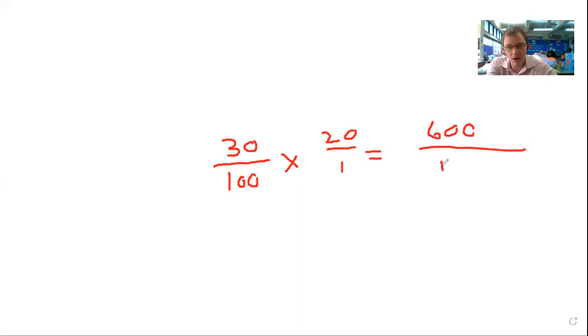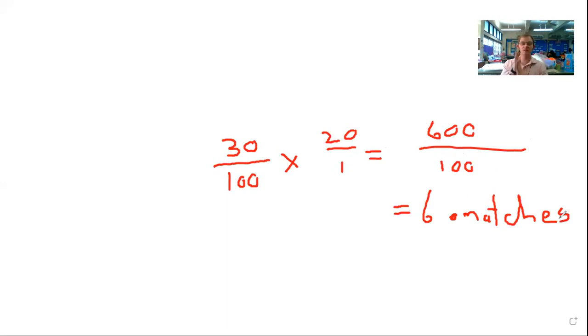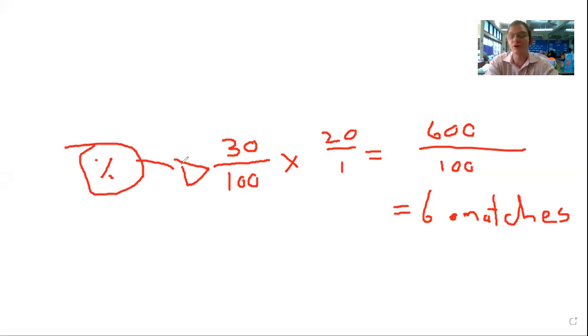Divide by 100 will give us an answer of 6 matches. You guys understand this question? And it makes sense? Remember, if you work with a percentage, it's always over 100. Never forget that. Very important. If you never forget that, it's very difficult to make any mistakes while we are completing our work.